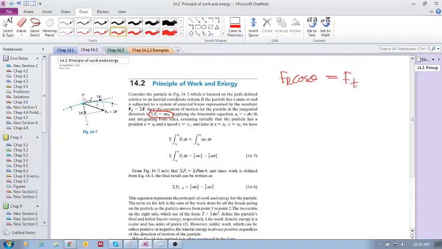I hope we get that. So the component in the direction of the displacement is equal to the tangential force. Now, the sum of the forces in the tangential direction, which is what we're interested in, is equal to the mass times the acceleration in the tangential direction. This is just Newton's second law, straightforward.